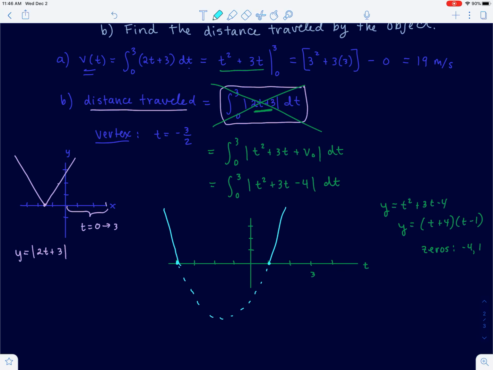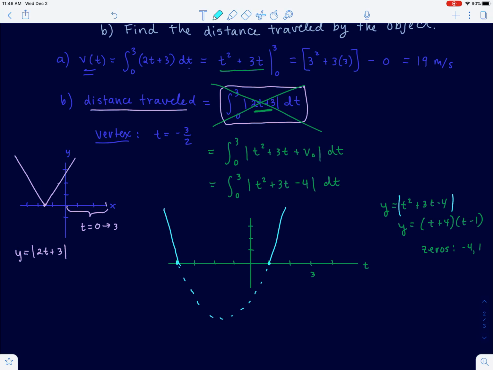But since it's absolute value, this is going to get reflected up. So really the thing that I just drew should mirror the dashed bottom part of the parabola, but it doesn't matter because what we're doing this for is to figure out where the breaking point is.